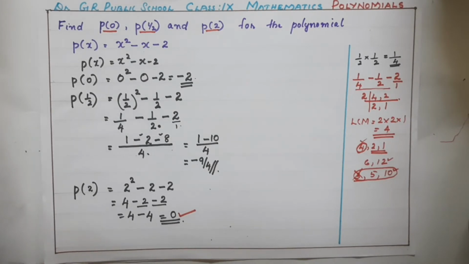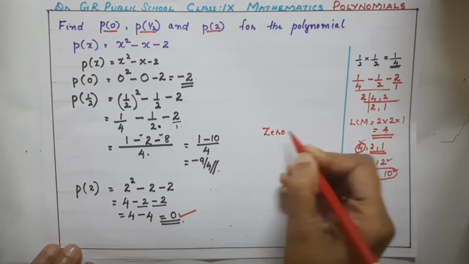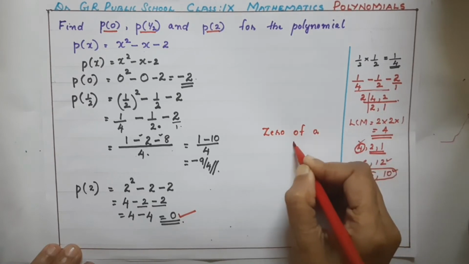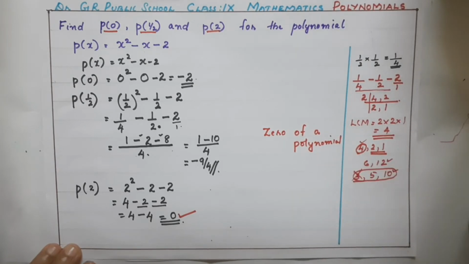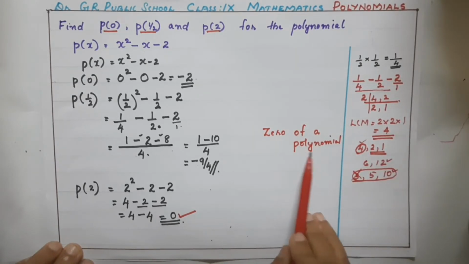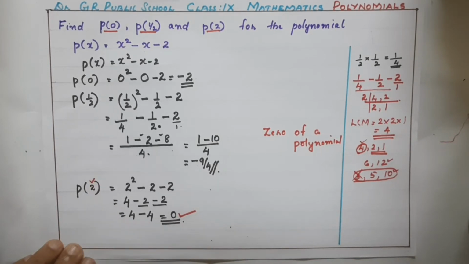So here you are going to study a new concept which is called zero of a polynomial. See, what is called zero of a polynomial? For which value of the variable we are getting the polynomial value as 0, that value we are calling the zero of the polynomial.